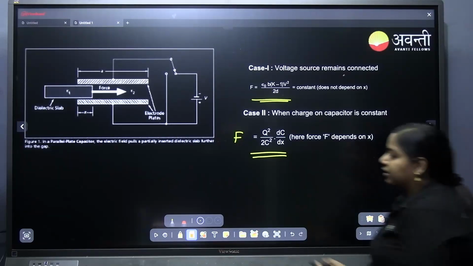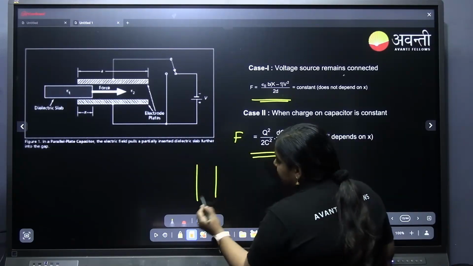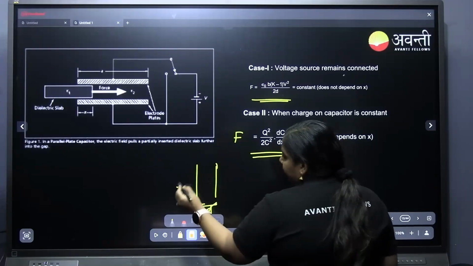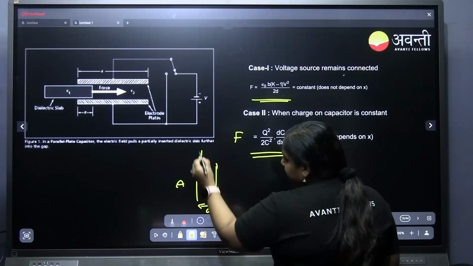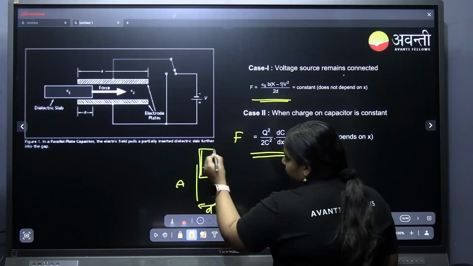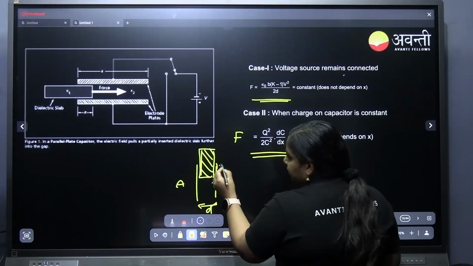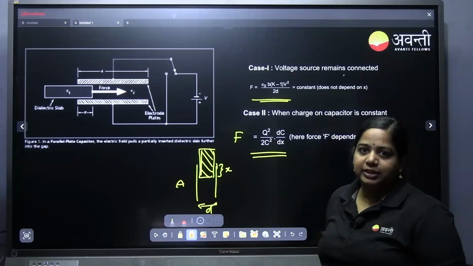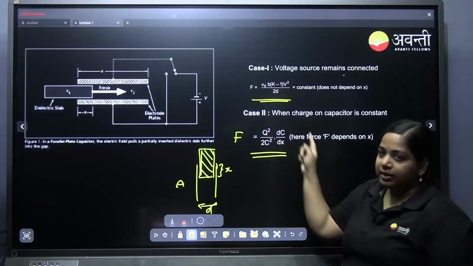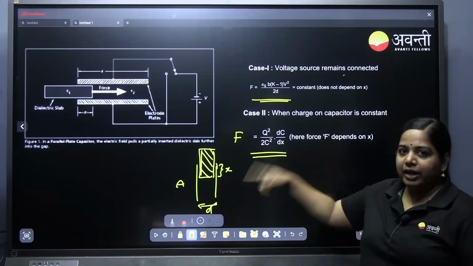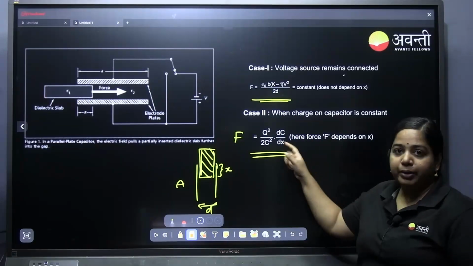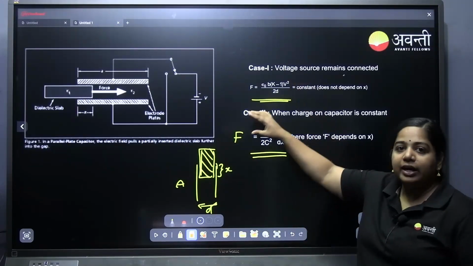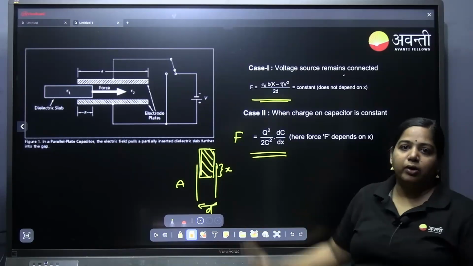If this is the capacitor, its distance is d and area is a, and this is our dielectric, let's say, this much distance is x, how much it has already been inserted. So when it is removed from the battery and we are inserting, the force will depend on x. If we are still connected to the battery, the force will not depend on x.